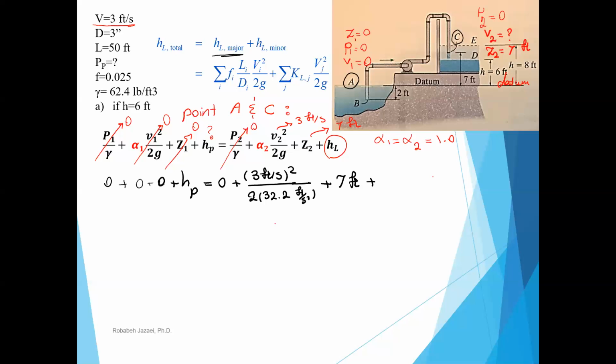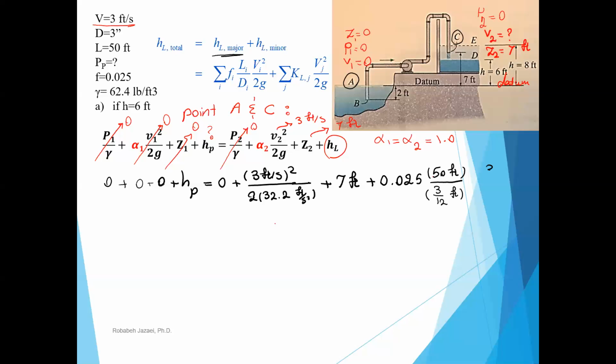So first, the friction factor is 0.025 and it's unitless. The length of the pipe is 50 feet. The diameter is 3 inches. Make sure you convert it to feet.